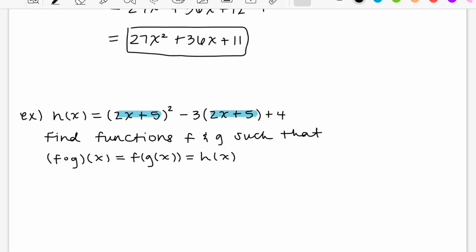So if you see repeated functions like that, that is kind of an indication that our outside function, our f, will be evaluated at the inside function, whatever is being repeated.